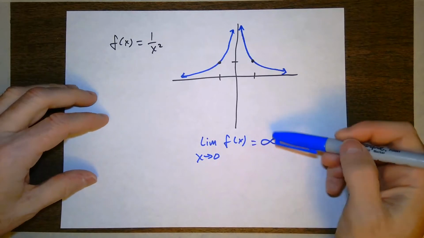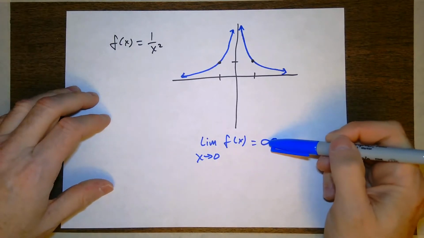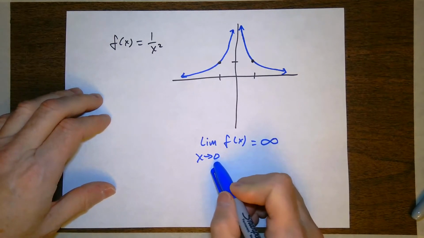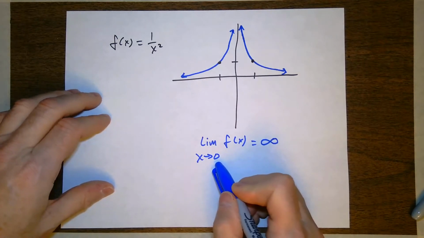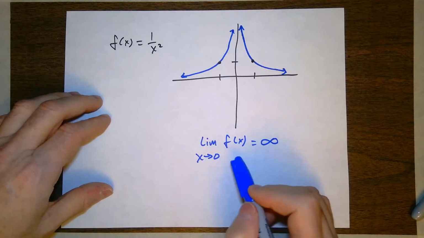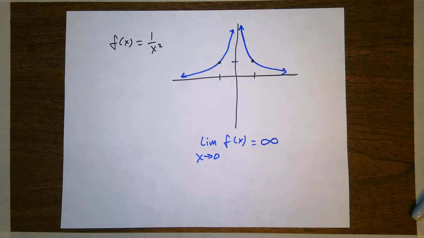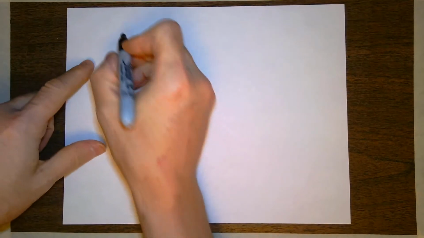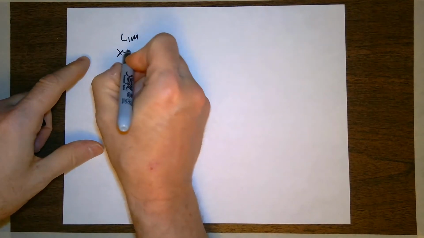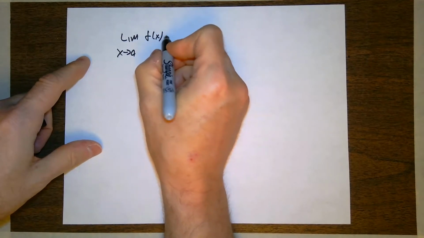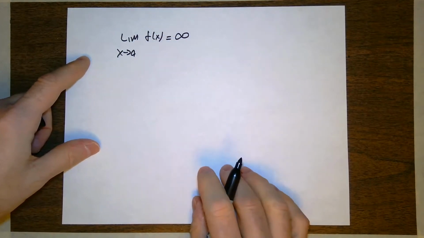Whenever we have the limit increases without bound or decreases without bound, then what's really happening at this point, and this would be my a value, is a vertical asymptote. So if the limit approaches infinity, then I have a vertical asymptote. How would I write that down? I could say that the limit as x approaches a of f of x is infinite.